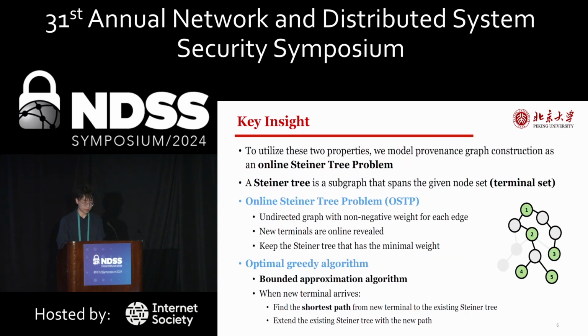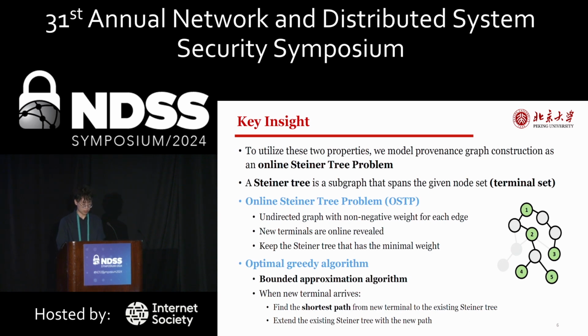So to utilize these 2 properties, we propose to model the provenance graph construction as an online Steiner tree problem. A Steiner tree is a subgraph that spans a given node set, which are called terminals. For online Steiner tree, there is an undirected graph with a non-negative weight for each edge in the graph.